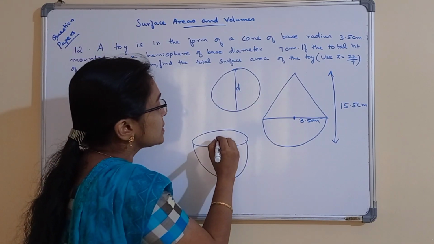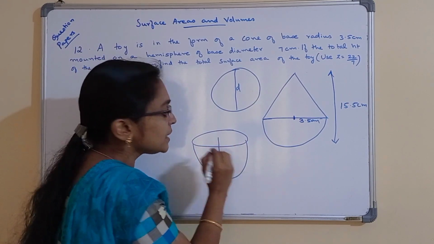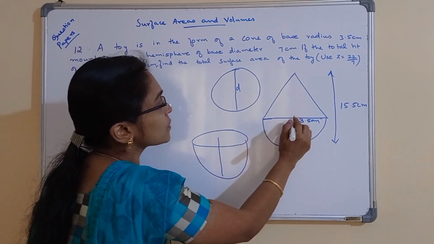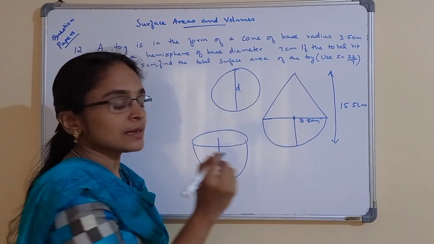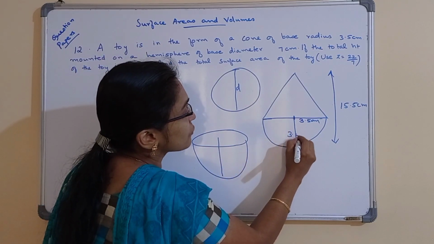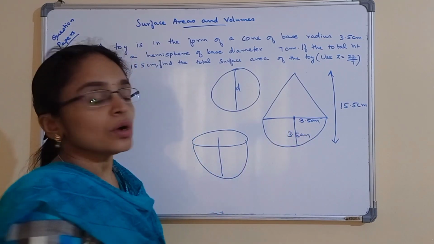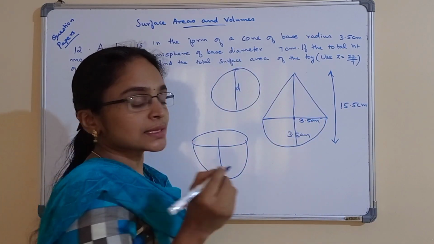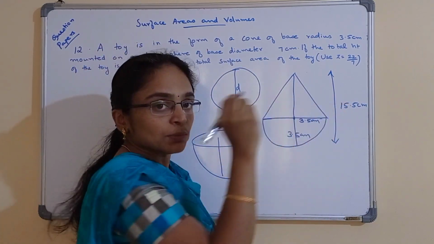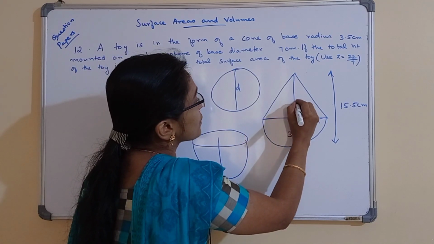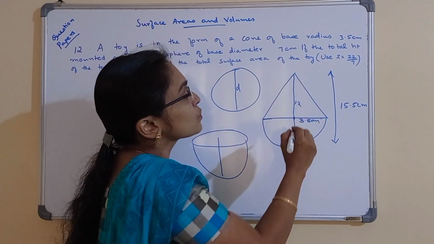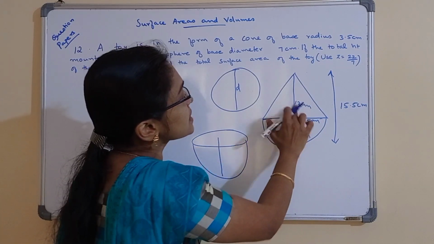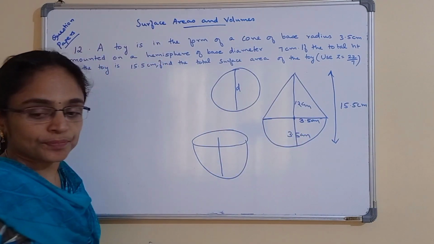So height will be d by 2, that is radius, isn't it? So here also height will be its radius, that is 3.5 centimeter. So what will be this height? It will be 15.5 minus 3.5, which is equal to 12 centimeter, right? So this is equal to 12 centimeter.